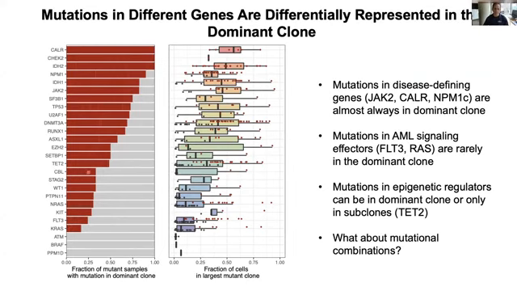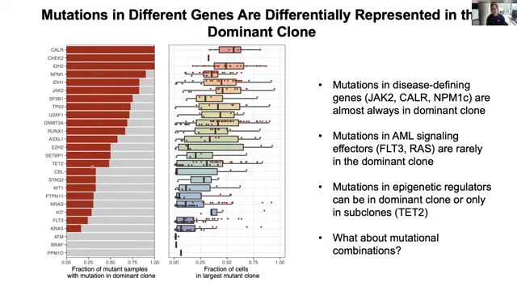And then you get interesting things like TET2, where half the time it's in the dominant clone and half the time it's not. And that suggests, again, that some mutations may always be driving the disease and always be in that large dominant clone. Others may be late comers to the party and may in fact be minor clones. And others may have a pleiotropic role where sometimes they're driving dominant clone expansion, sometimes not.